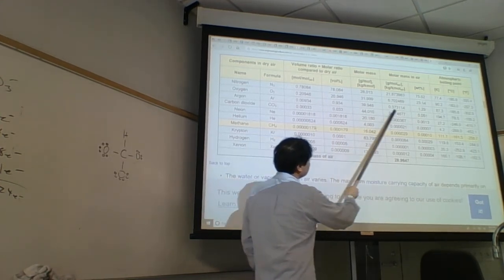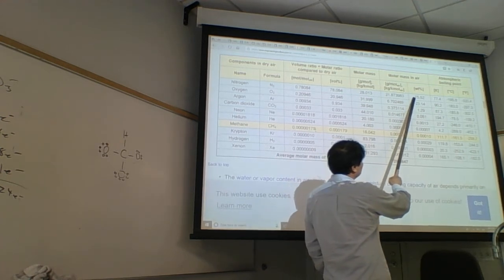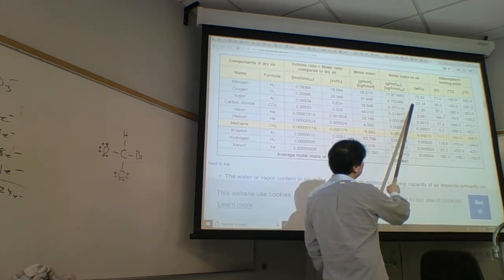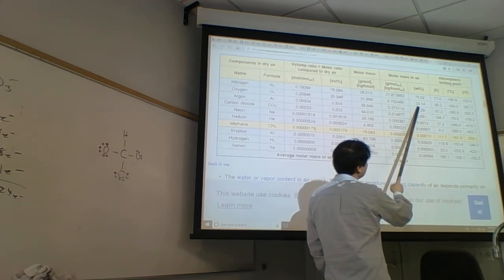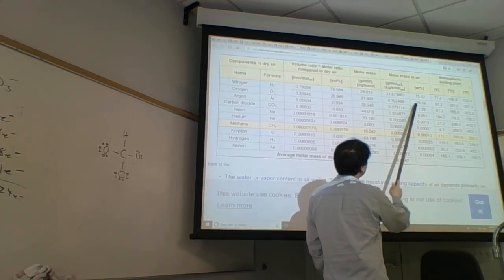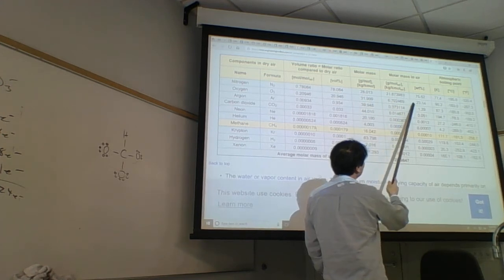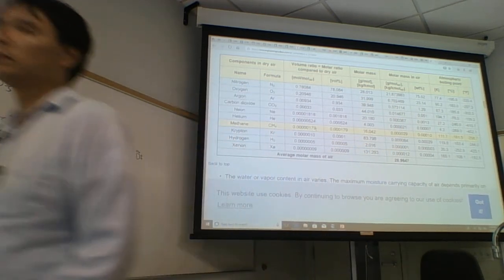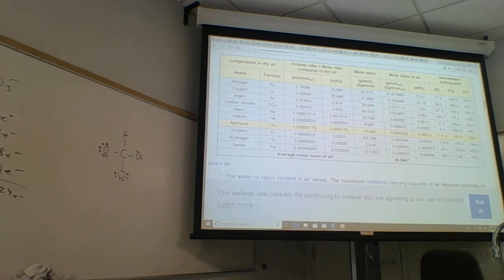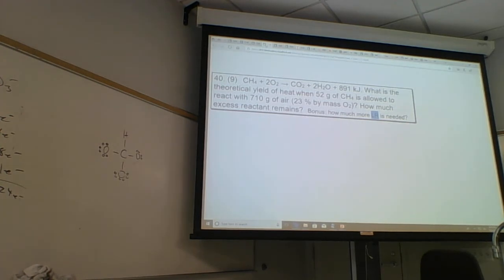But by mass, take a look here. It goes up to about 23% oxygen, versus 21% oxygen by volume. 23% by mass. So that's where I got the number for the test: 23% by mass oxygen.